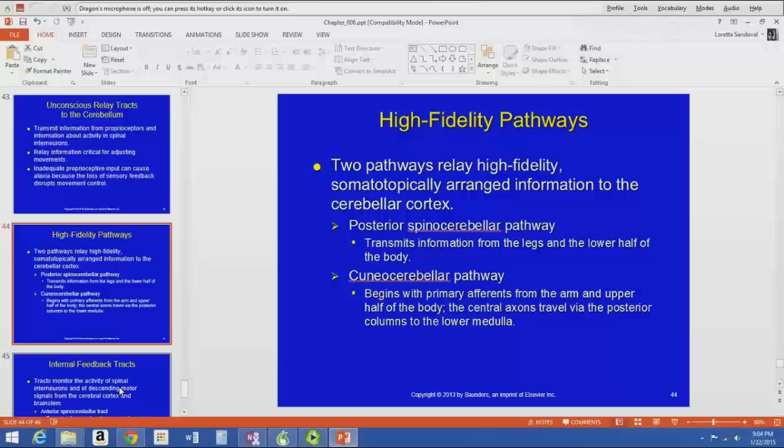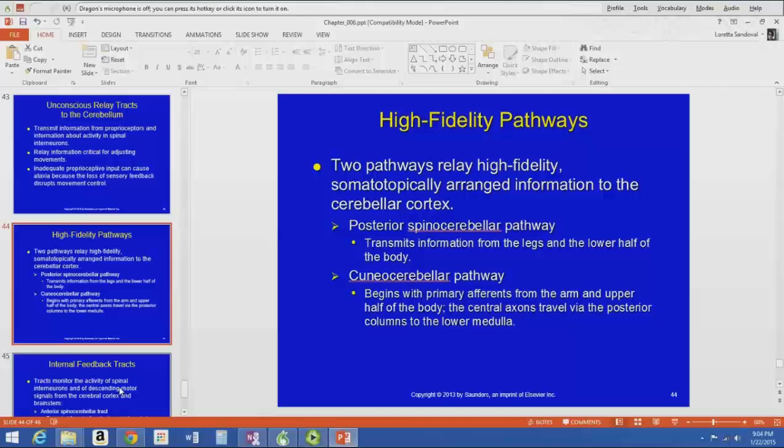It needs to be able to discriminate, needs highly accurate information, and know exactly what part of the body it's coming from. The posterior spinocerebellar pathway transmits information from the legs and lower half of the body to the cerebellum. The cuneocerebellar pathway goes from the arms and the upper half of the body, and they go through the posterior columns to the lower medulla.